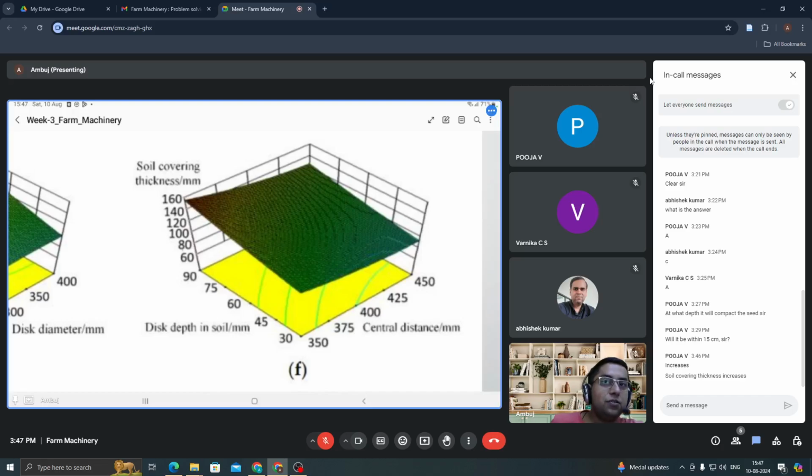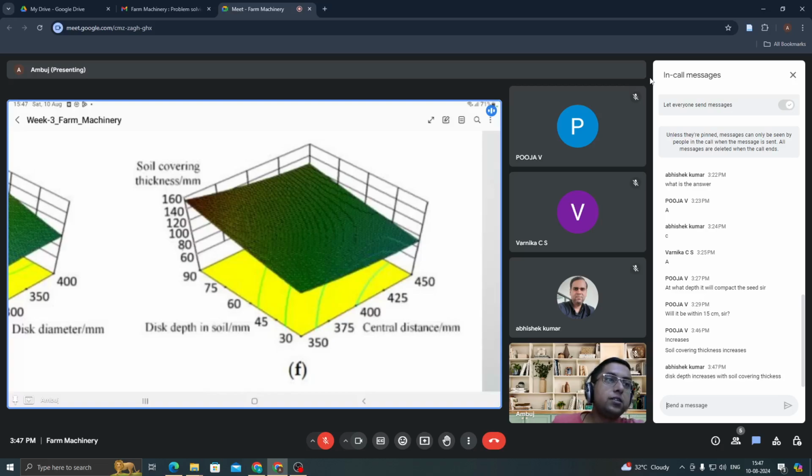With respect to disk depth, when it increases, the soil covering thickness will increase. If central distance increases, then soil covering thickness will decrease. And when disk depth is incremented, in the similar direction the central distance will also increase.